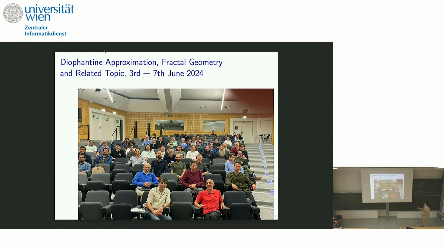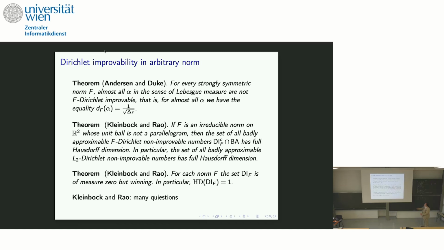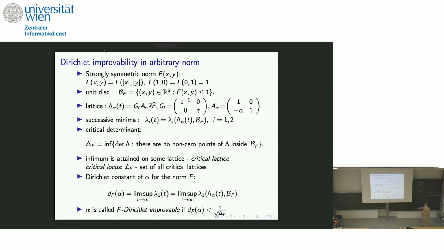Okay. So now I will give precise definitions. First of all, instead of the sup norm, we should consider what they call a strongly symmetric norm. It is a mild restriction.